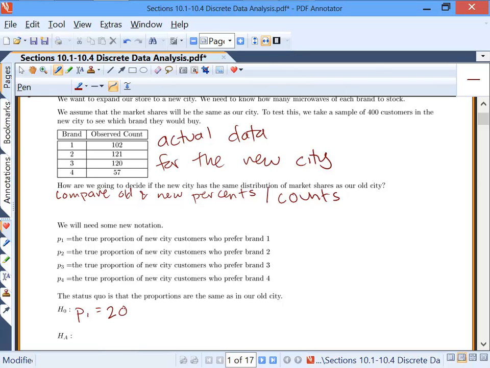So our null hypothesis is that the proportion in my new city will also be equal to 20%, or, since we're doing proportions, 0.20. And if it's the same as in our old city, the true proportion of the new city for brand 2 should be the same as the old city, which was 35%, or 0.35. And the proportion of brand 3 should be 0.30. And the proportion of brand 4 should be 0.15.